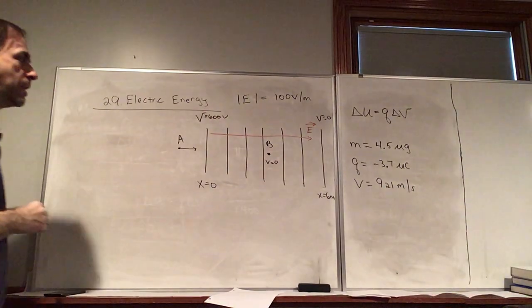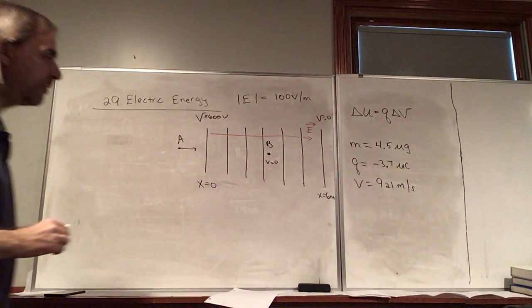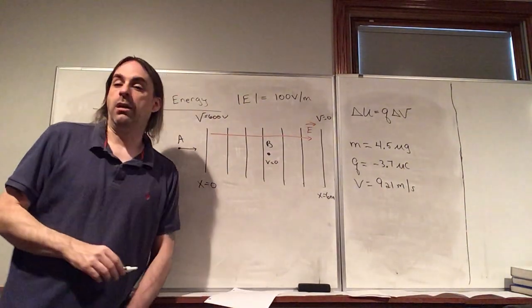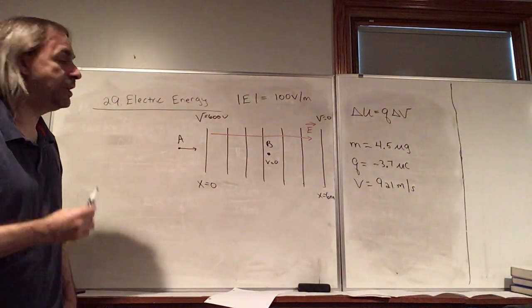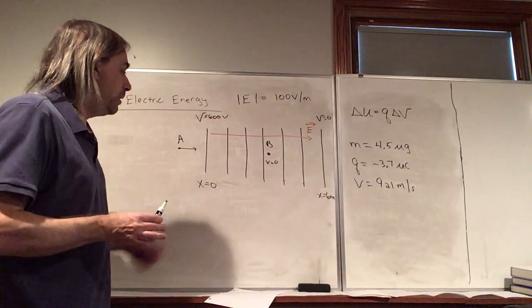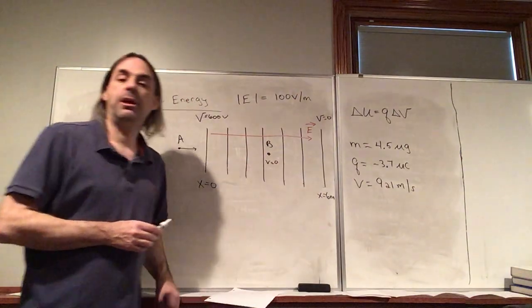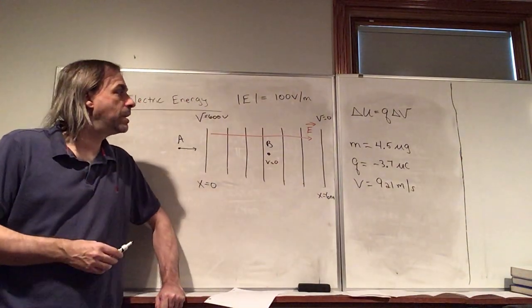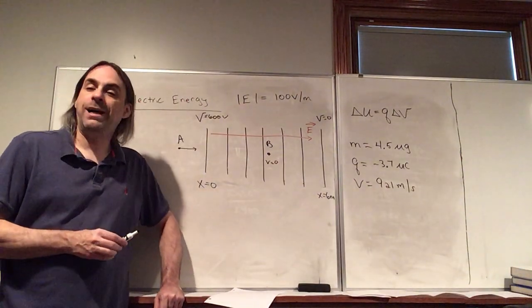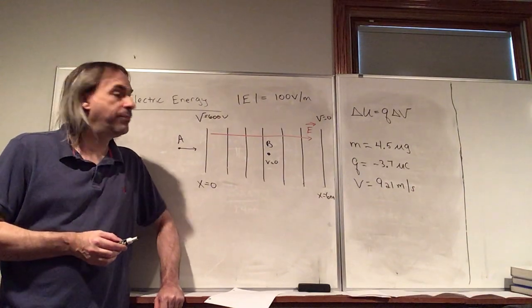Okay, so the approach we're going to take here, now there's actually two approaches that we could take. These are equally spaced equipotential lines, so in this case we're talking about a constant electric field.